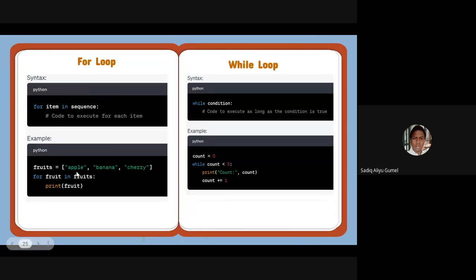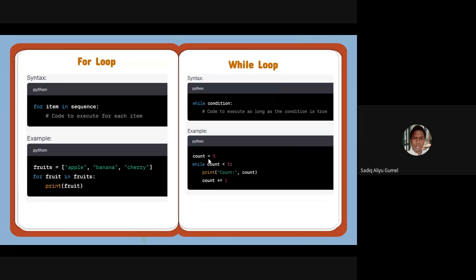In the for loop, this will stop immediately after we reach cherry because it only has three items in it, while the while loop will continuously execute while count is less than 5.